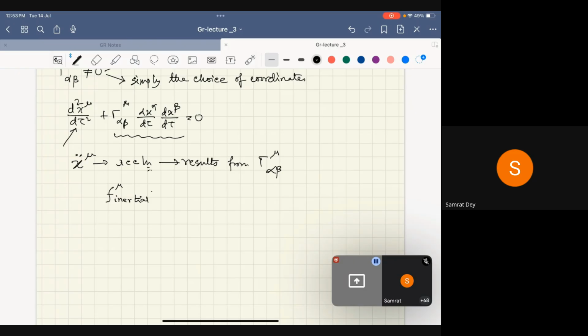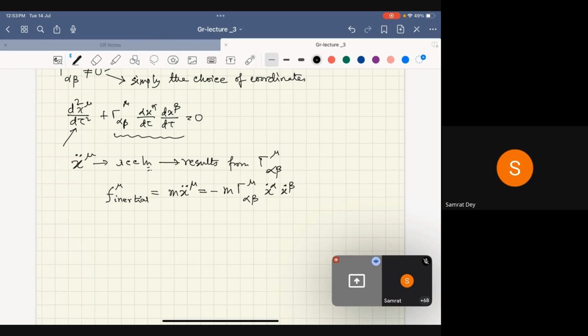F mu inertial should be nothing but, multiplying both sides by the mass, minus m gamma mu alpha beta x dot alpha x dot beta. So the principle of equivalence tells us that the acceleration due to gravity for a single particle is indistinguishable from the acceleration due to a particular choice of coordinate.